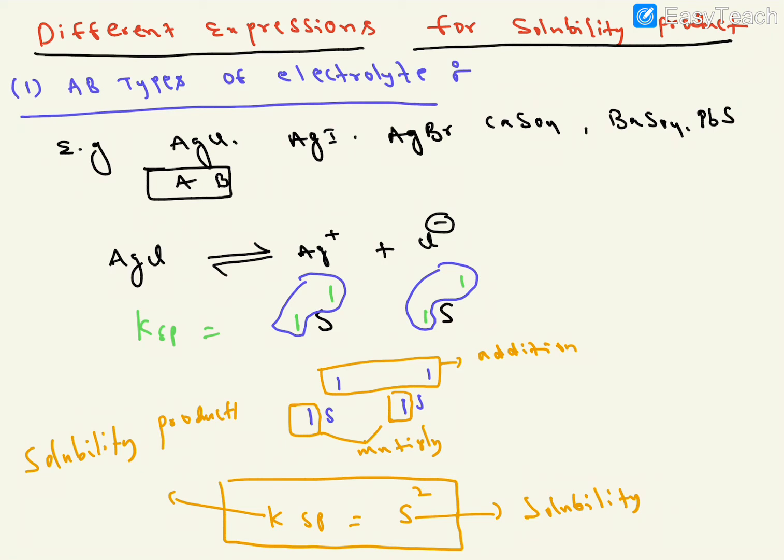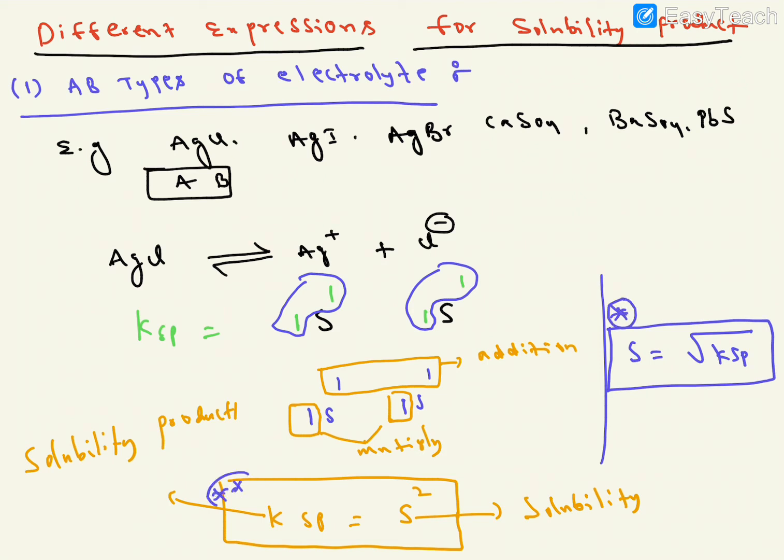So we want the solubility. This formula we can also convert. I am writing here: the solubility S is equal to, the power 2 becomes a root, root KSP. So this is the solubility. I hope it is very clear. This is the solubility and this is the solubility product.